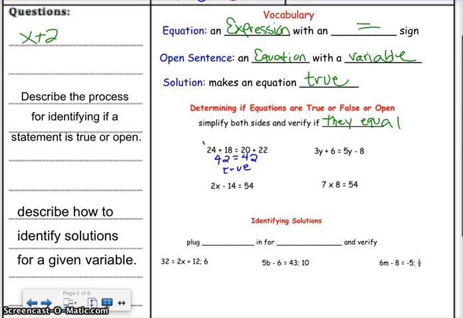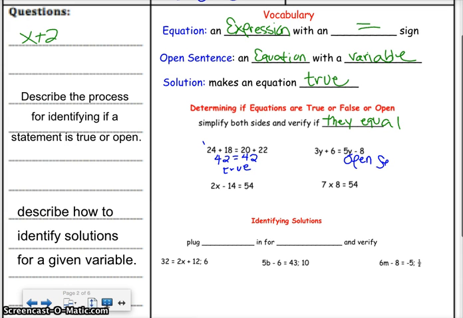3y plus 6, does that equal 5y minus 8? Is that true, false, or open? Open. Because you don't know, how do you know if they equal each other? What the heck is y, right? So I have no idea if this is true or false. So it is open.